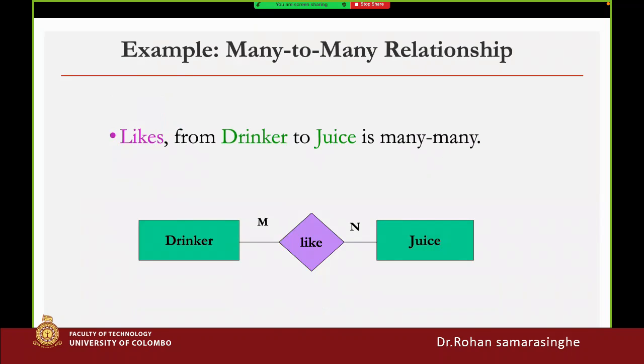And likes from drinkers to juice is many to many. Many drinkers like many juices. Many drinkers like many juices in our juice bar example, because Joe likes not only the avocado super, but he also likes the apple light in our example.